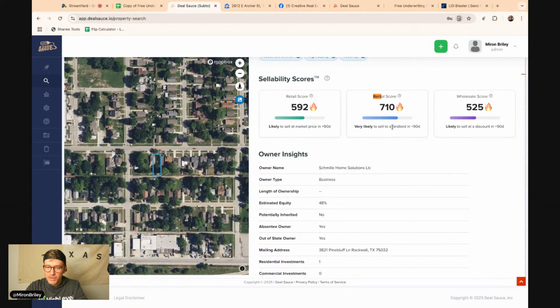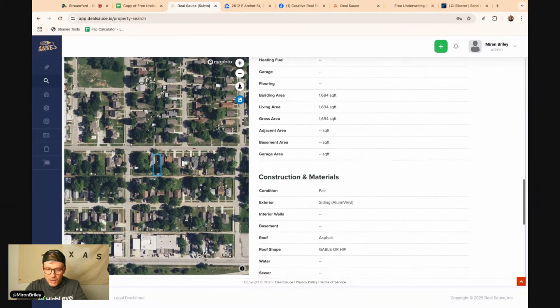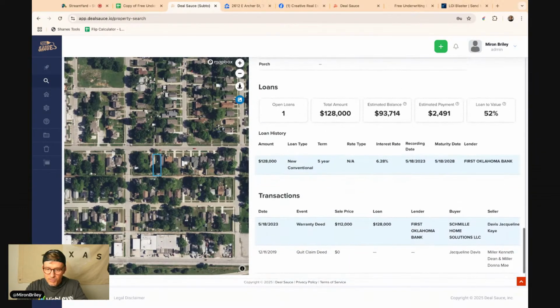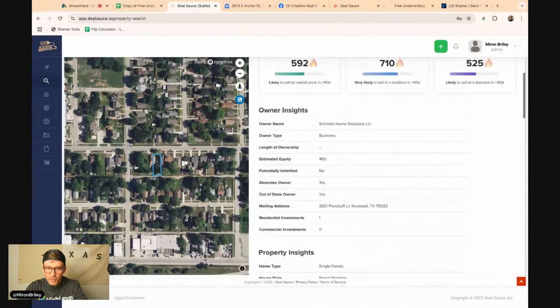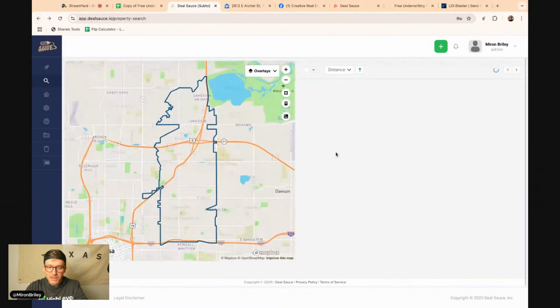Rental score available to sell to a landlord. All right, what I think I have to do, I have to bring out a different tool to look up rentals. Let me look on this other one really fast.